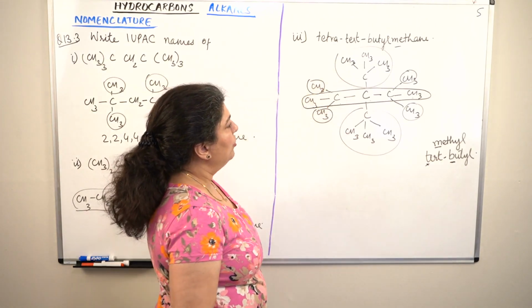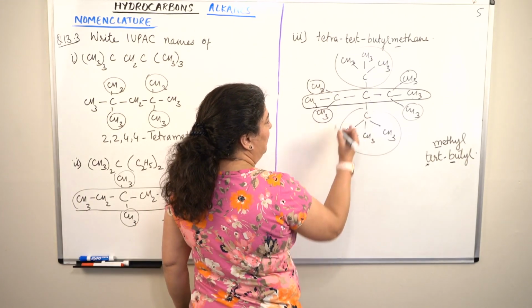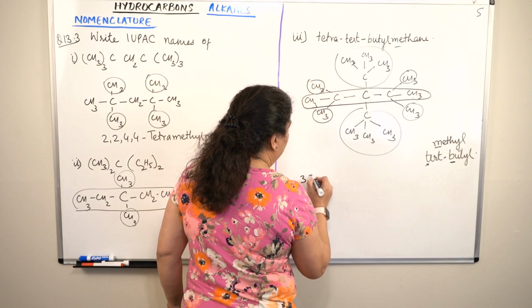So how many tertiary butyl groups do we have? 2. And what is the locant for them? The third position. So we'll say 3, 3.